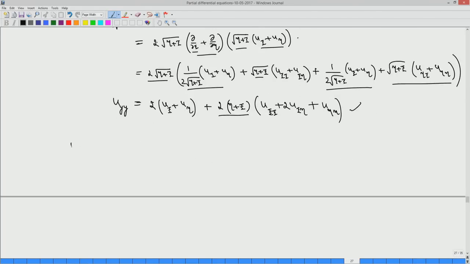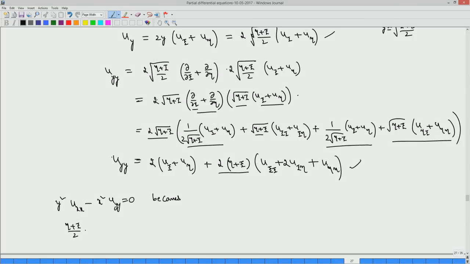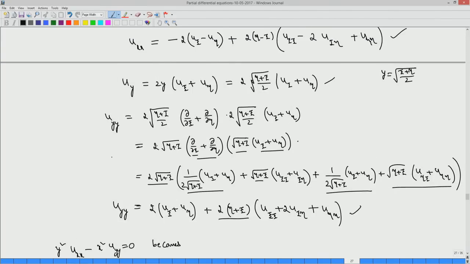And you see that y square u x x minus x square u y y equal to 0 becomes, what is y square? y square is eta plus xi by 2 into u x x. u x x, you can make use of this one.